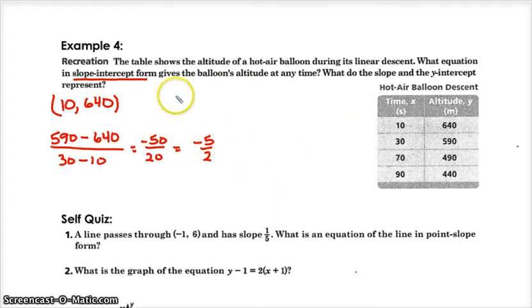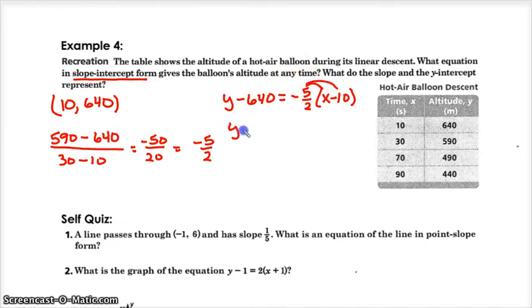Okay, so to write it in point slope form first, and then I'll convert it. Point slope form is y minus 640 equals negative 5/2 times x minus 10. In order to convert it, I need to distribute the 5/2.